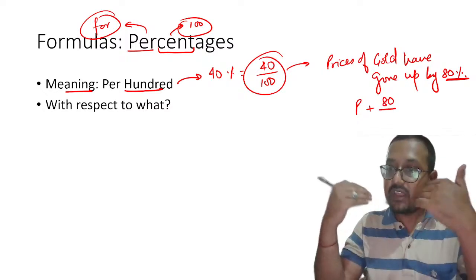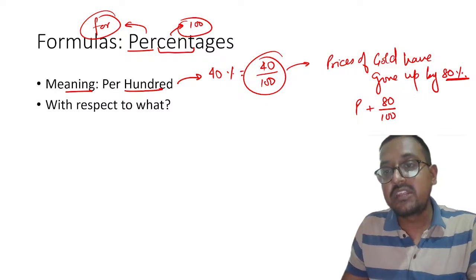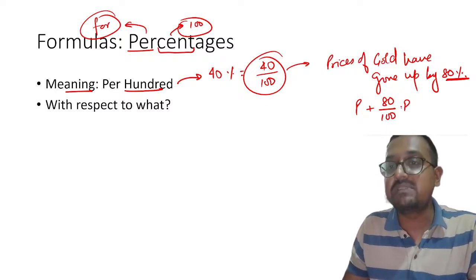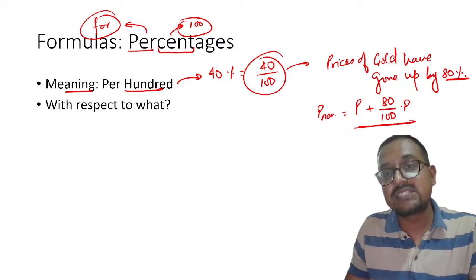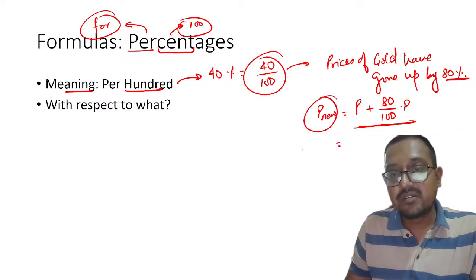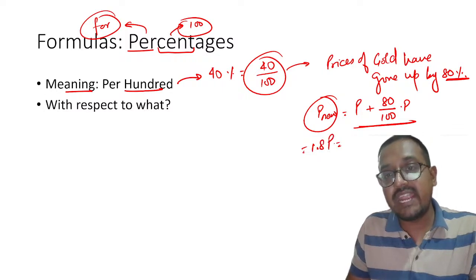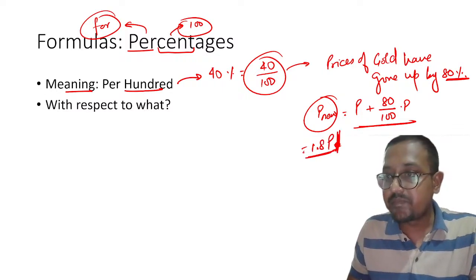That is, if 100 was the price, 80 will be the increment. So 80 upon 100 times P is the increment. Please remember, this is the new price. Understood? So this we can also write as 1.8 P. I hope all of you can understand how I wrote it as 1.8 P.